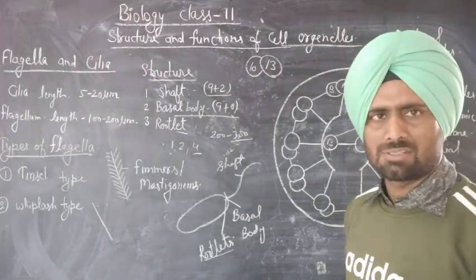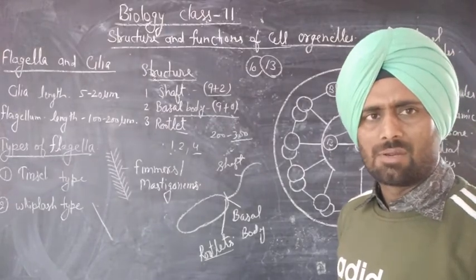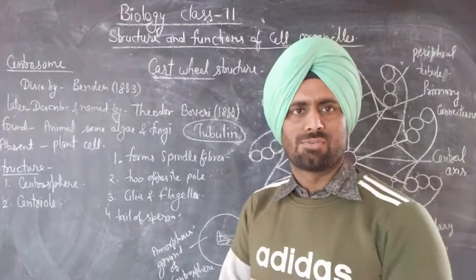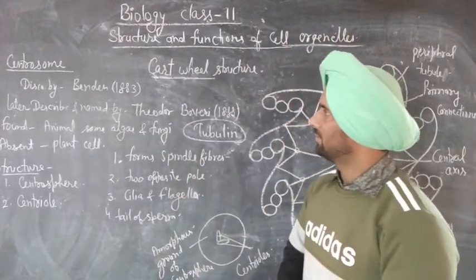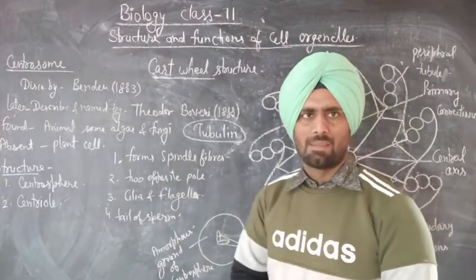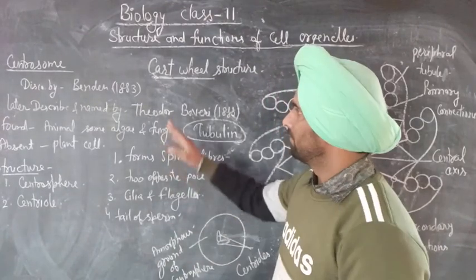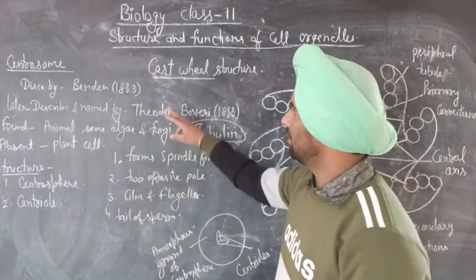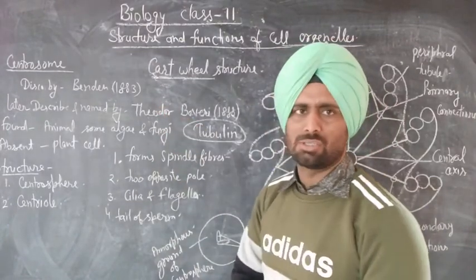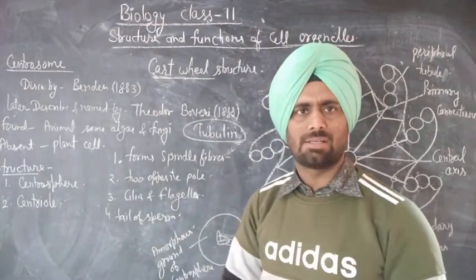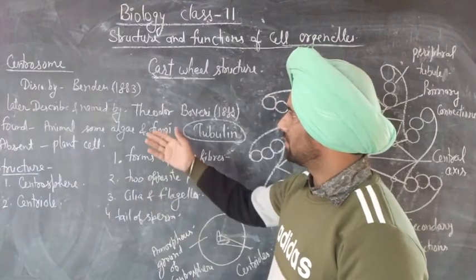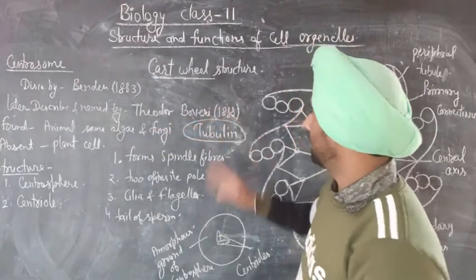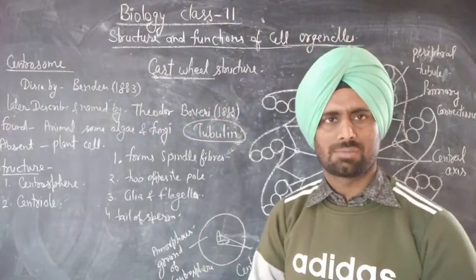Now we are talking about the next cell organelle, that is centrosome. Centrosome was first discovered by Baden in 1883, and later it was described and named by Theodore Boveri in 1888.